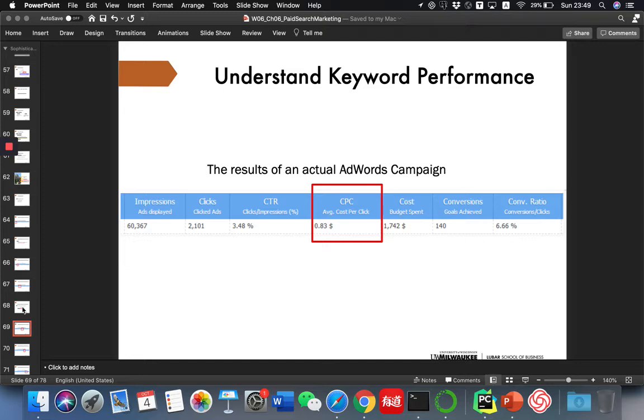CPC means the average cost per click. First of all, we need to know the total cost, and the second thing we need is the number of clicks. Here it says that on average, for 1 click, the cost would be 83 cents.